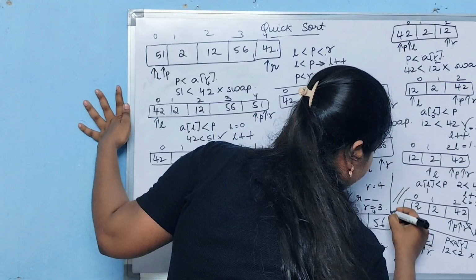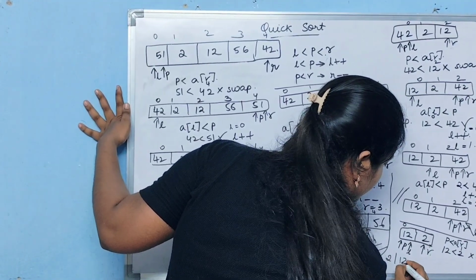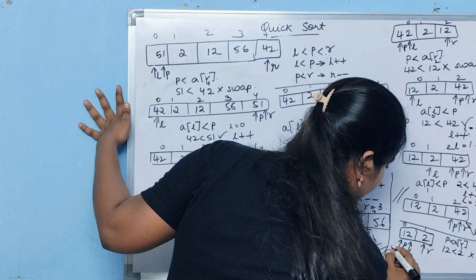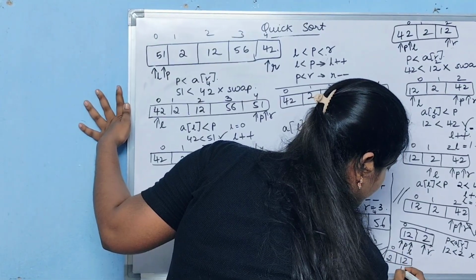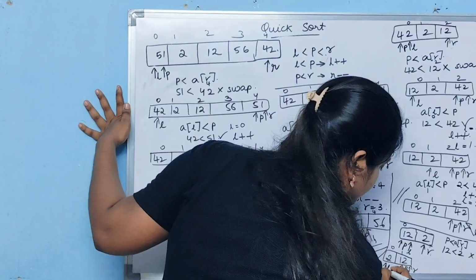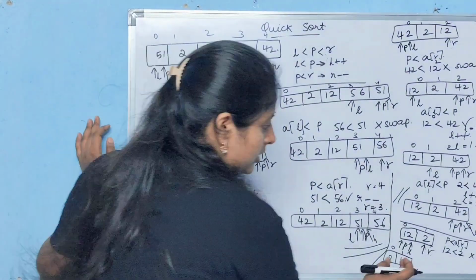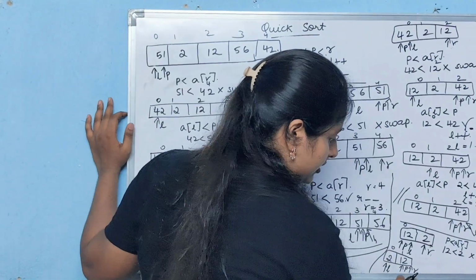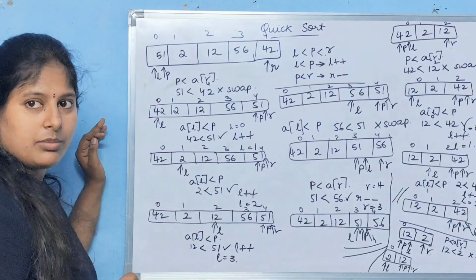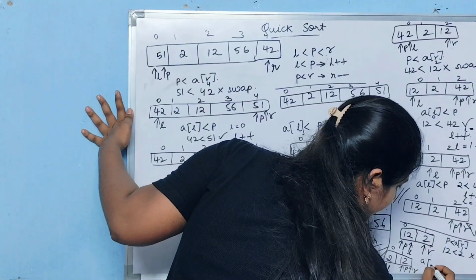2, 12, 0, 1. So, this is my pivot element and this is my right and this is my left. Okay. Now, since pivot and right are pointing to the same element, I have to go to the opposite direction.